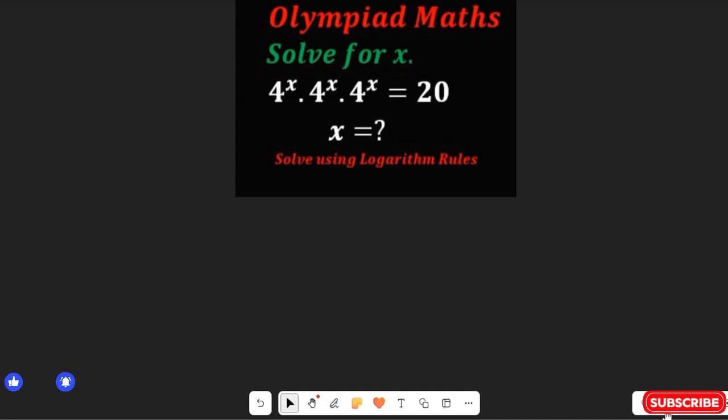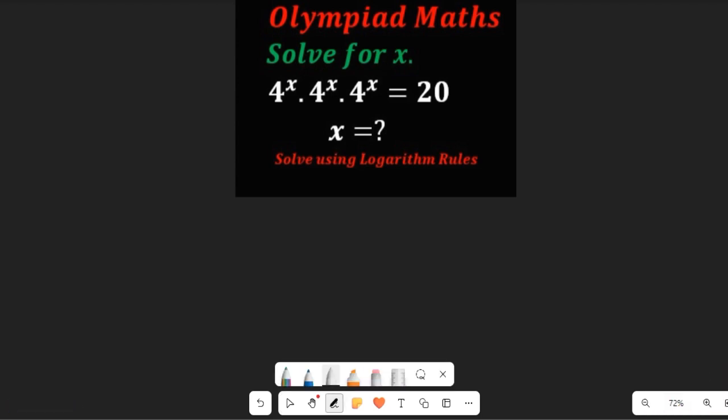Now we're going to solve using laws of indices and logarithm. To get started, I want you to recall this law of indices: if I have a to the power of x multiplied by a to the power of y, this is equal to a to the power of x plus y, right?